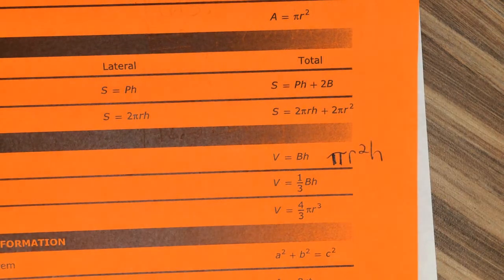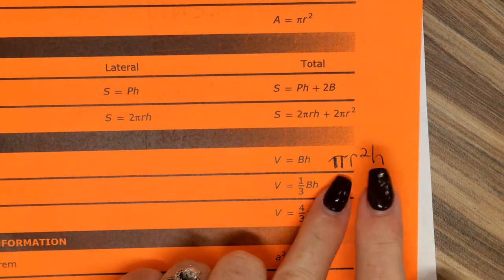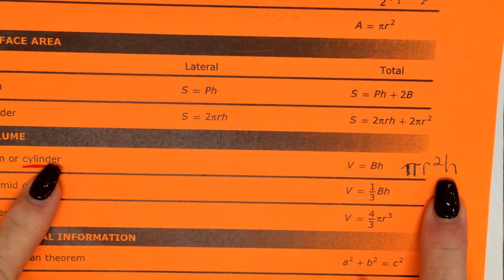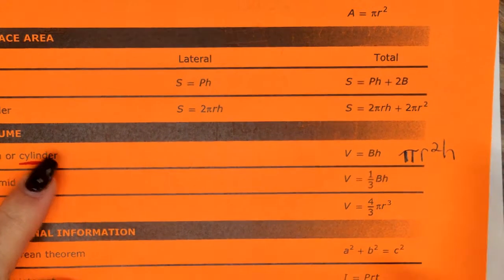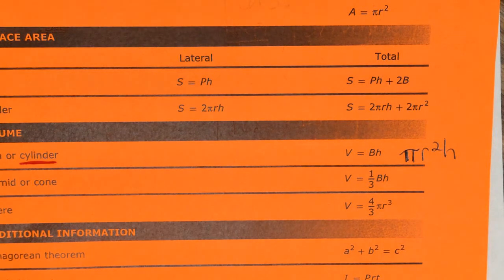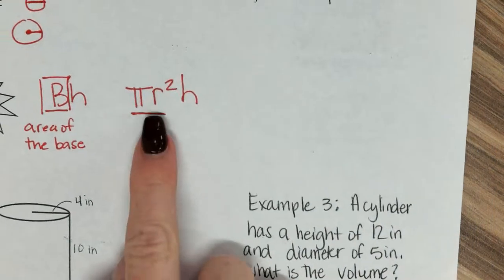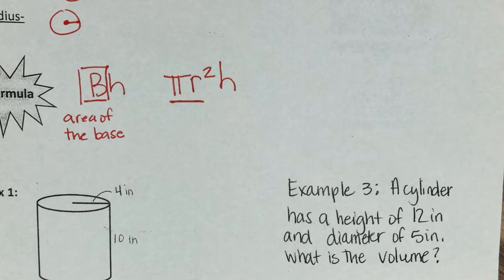And you won't even have to remember to replace the b because you're going to memorize the formula. So everybody take your STAR chart and write that down next to volume of a cylinder. Make sure you write it correctly because if you put the wrong recipe down, it's a disaster, right? Pi r to the second power h. Are we good? So you don't even have to think about big B anymore.